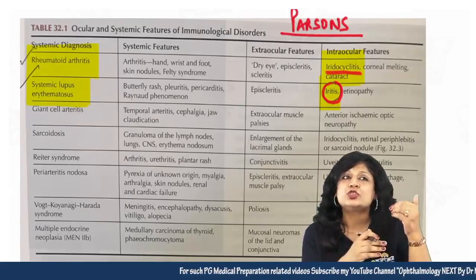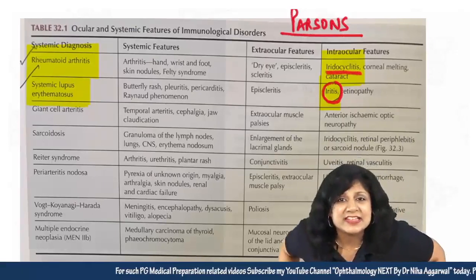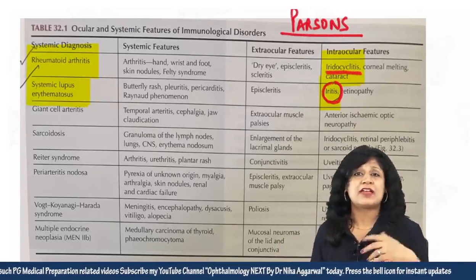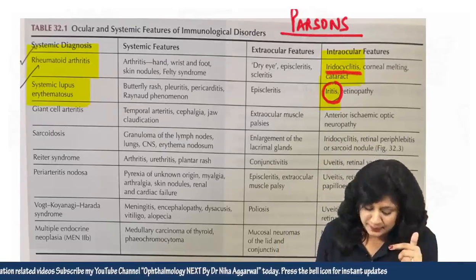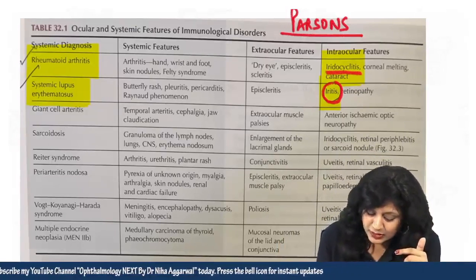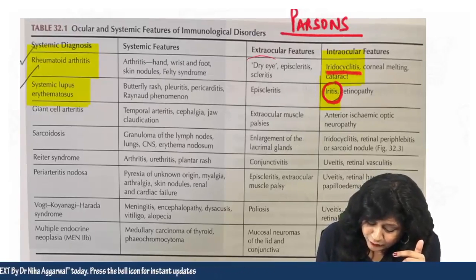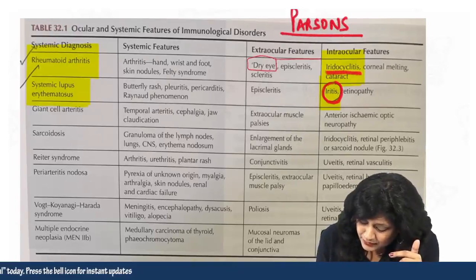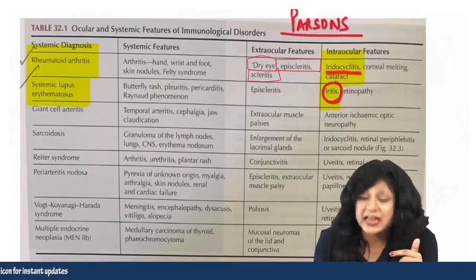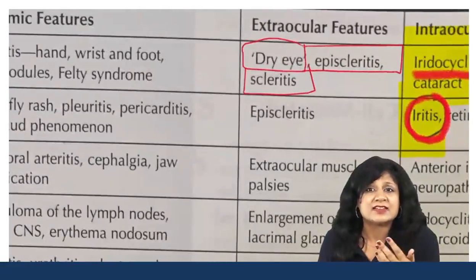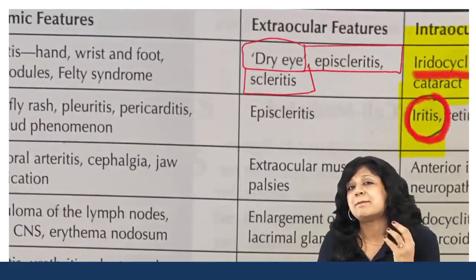These are the two which have the least chances of iritis and iridocyclitis. Moreover, you have other features which are more important. For example, if I ask you about rheumatoid arthritis, you will say that dry eye is much more common. Yes, dry eye, scleritis, episcleritis, these things are much more common.